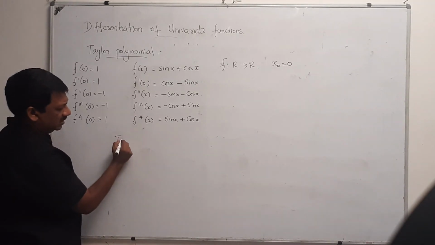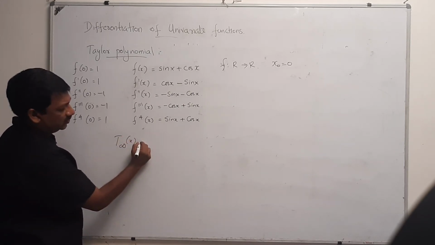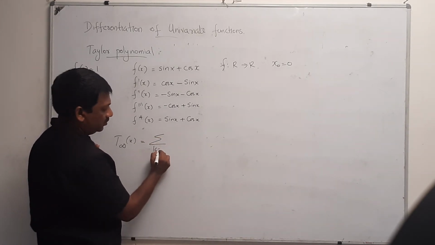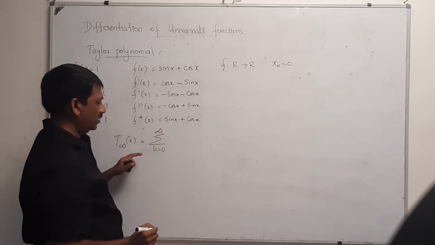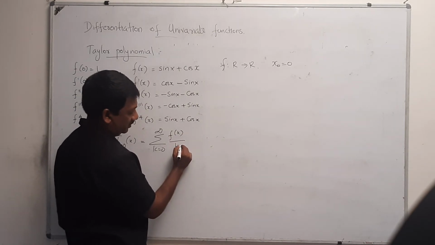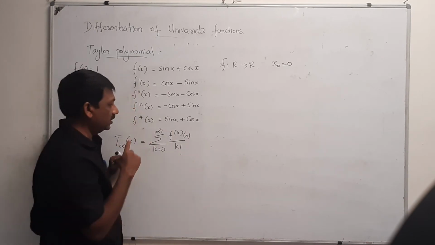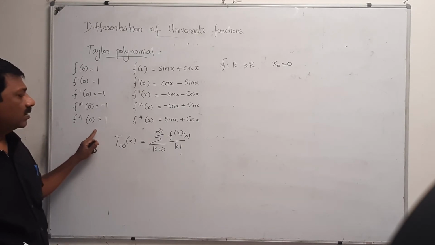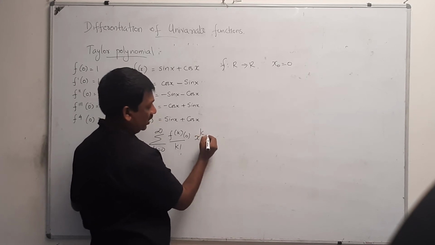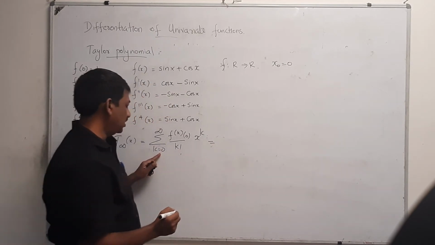That means T infinity of x is equal to sigma k equal to 0 to infinity, f k of 0 by k factorial into x minus x0, that means x raised to k. So this is the expansion. I am going to write the expansion, starting with k equal to 0.